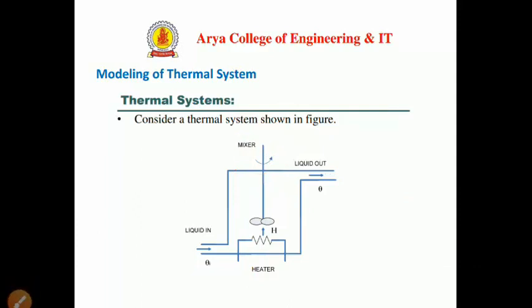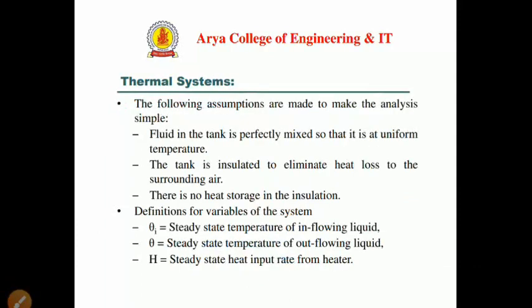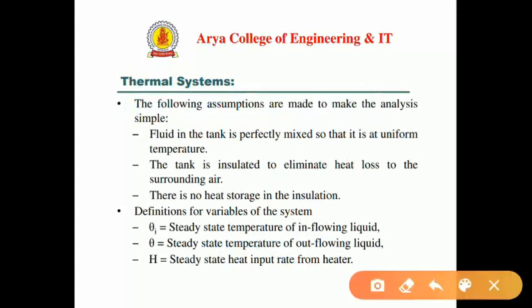The fluid in the tank is perfectly mixed so that it is at uniform temperature. The tank is insulated to eliminate heat loss to the surrounding air. And third, there is no heat storage in the insulation.